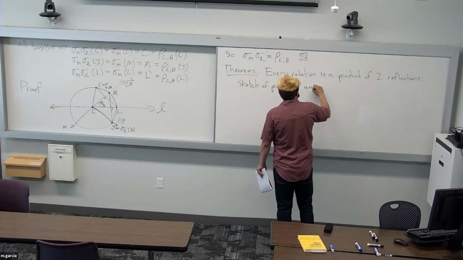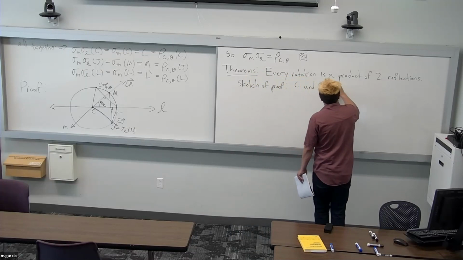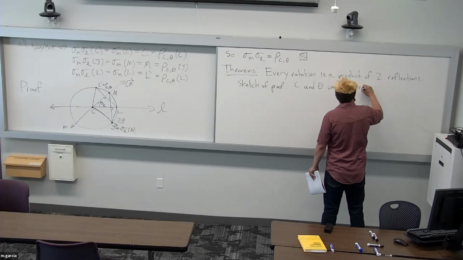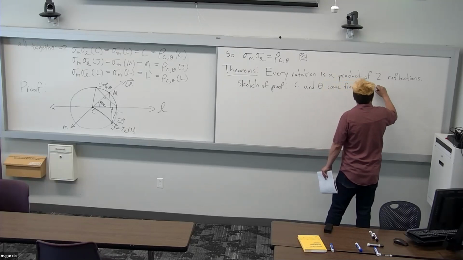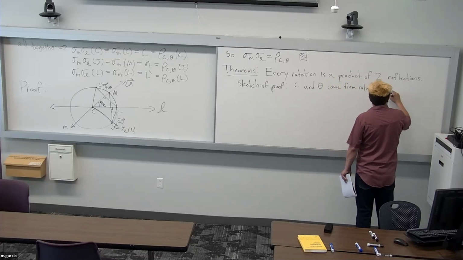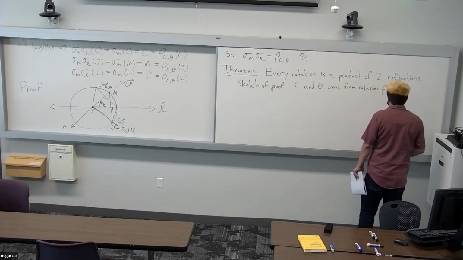So C and theta come from the rotation rho sub C comma theta.